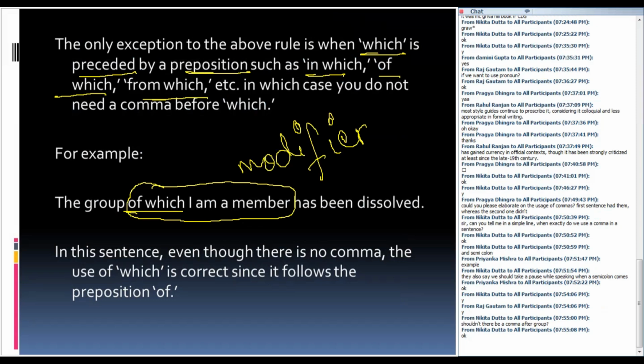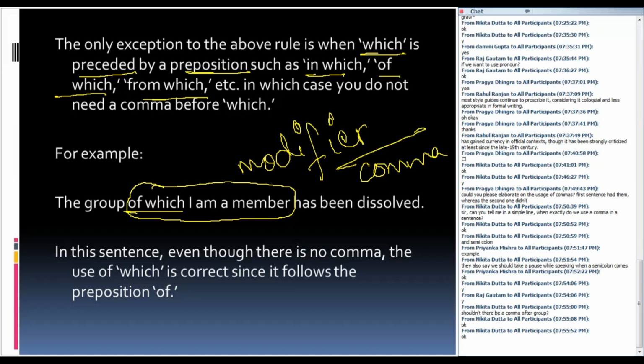Now remember, usually we separate modifiers with the help of a comma. Usually. But that only happens when the sentence is very long and there are many modifiers. But when you have a single modifier in a sentence, there is not much complication. You may not separate it with a comma.